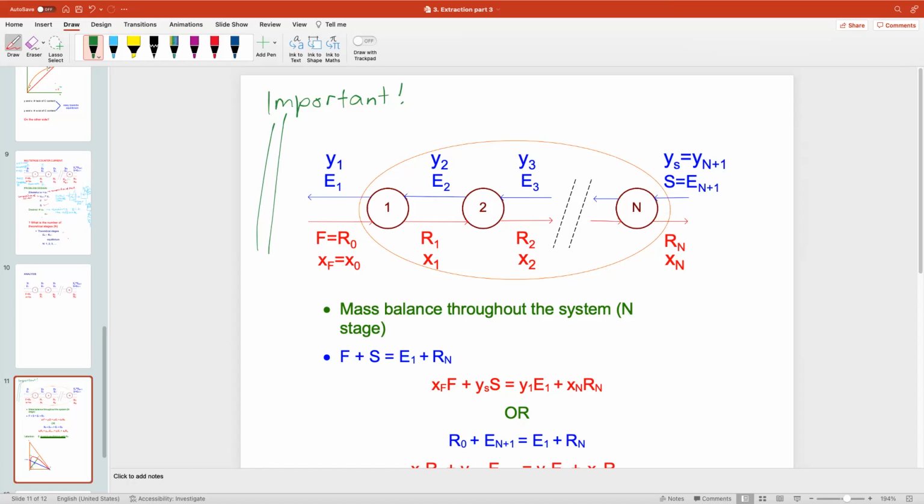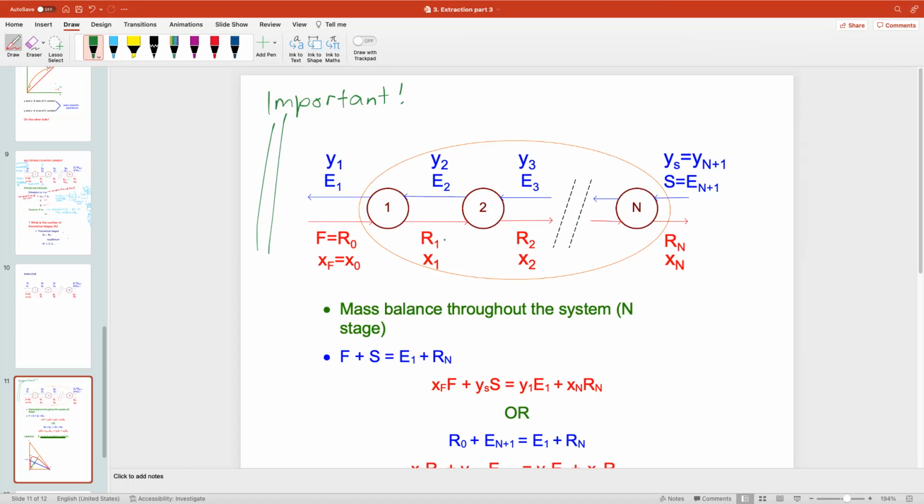Understanding the graph is good, but the more important thing is to understand the concept. So again the concept is we have the feed, and here we have the solvent, and the feed is contacted with the R2, and then it leaves with the Y and X, or the E1 and also X1.